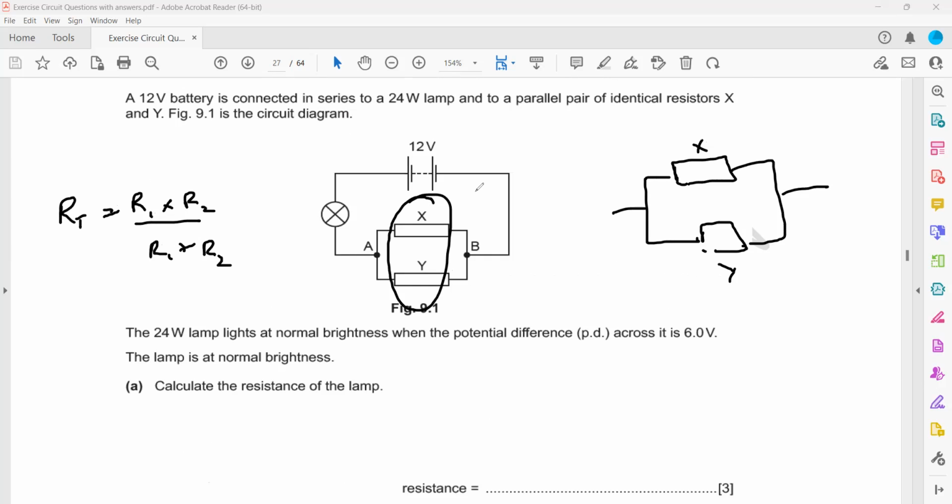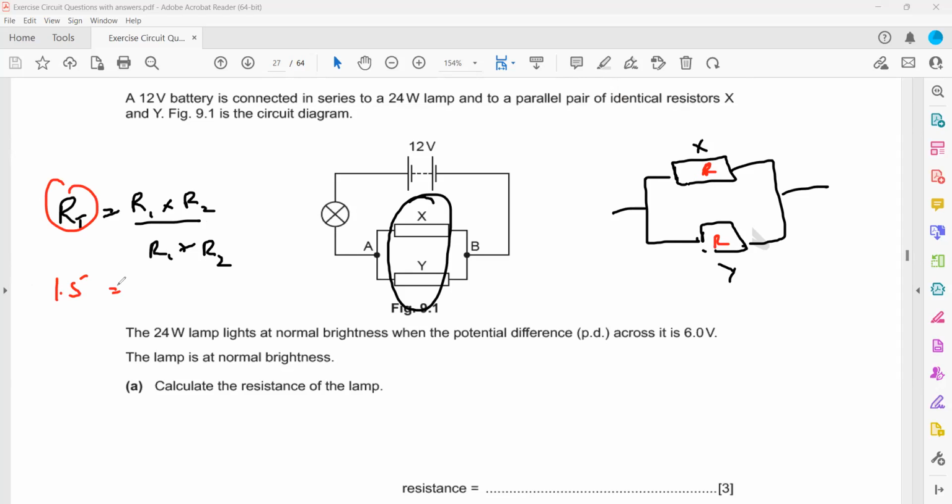So the combined resistance of these two resistors we want. They are identical. I'm not using X and Y, otherwise you will get confused, so I'll say this is R and this is also R. The total resistance of these two is 1.5.